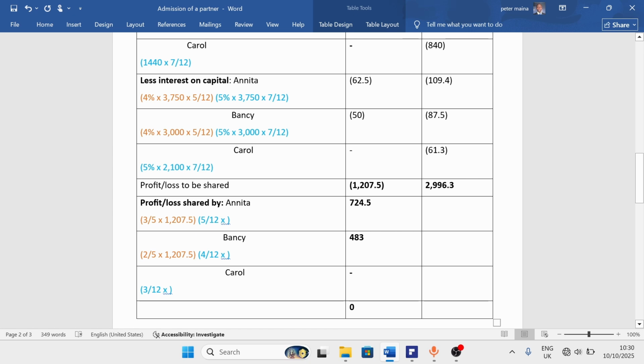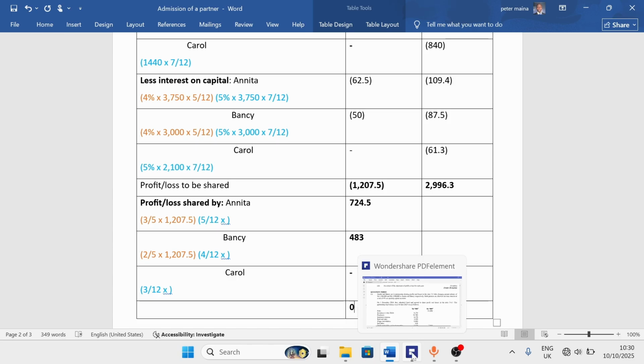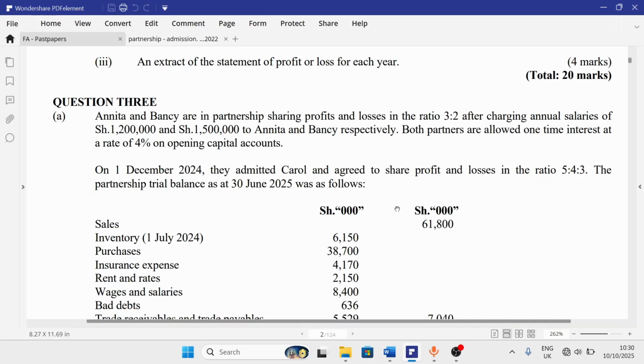So now let us go to the second period, the last 7 months. First, let us confirm the profit sharing ratio. In the second paragraph, we were given the ratio on 1st December 2024. They admitted Carol and agreed to share profit and losses in the ratio 5:4:3.